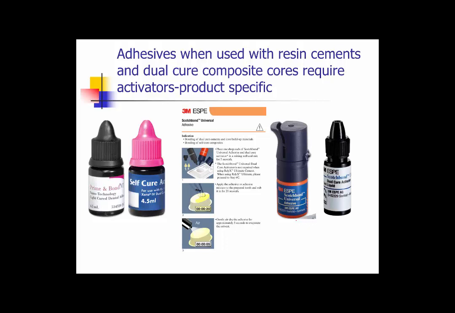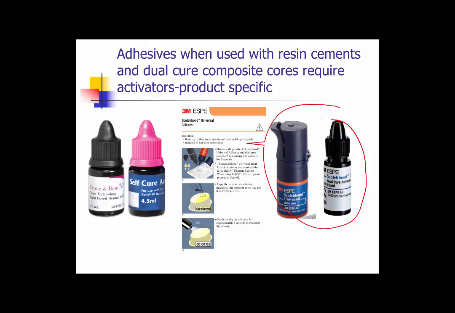Prime and Bond NT can be used as a 4th generation direct placement adhesive, but when we add a drop of their self-cure activator to a drop of the Prime and Bond NT, we now make it dual cure for use with a dual cure core material, Fluorocore 2 Plus from Dentsply, or for Scotch Bond Universal Adhesive, they have a Scotch Bond dual cure activator as well.